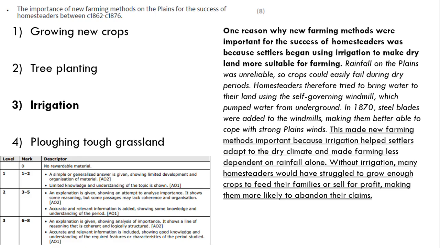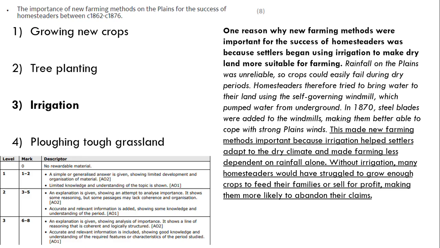In 1870, steel blades were added to the windmills, making them better able to cope with strong plains winds. This made new farming methods important because irrigation helped settlers adapt to a dry climate and made farming less dependent on rainfall alone. Without irrigation, many homesteaders would have struggled to grow enough crops to feed their families or sell for profit, making them more likely to abandon their claims.